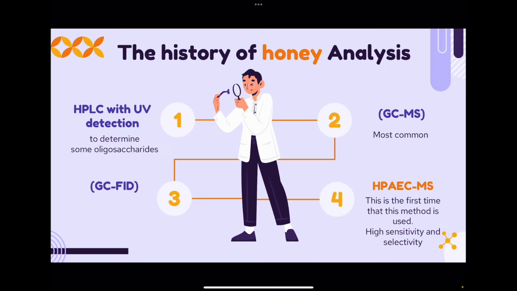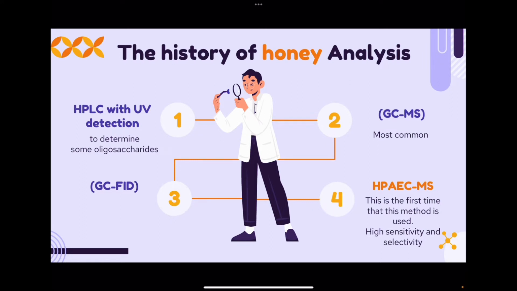Let's talk about the history of the honey analysis. Since ancient times, humans have found many ways to analyze honey for many reasons, including testing the viscosity by stirring or the sweetness by tasting.